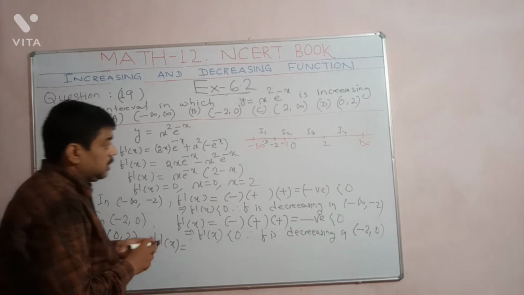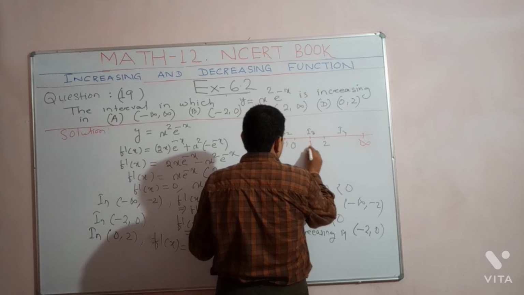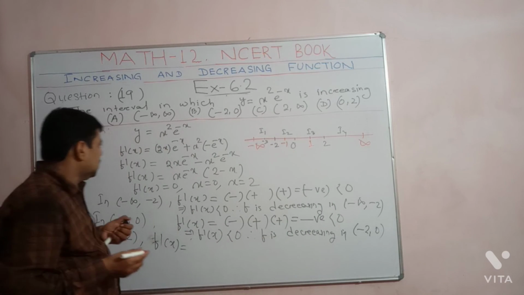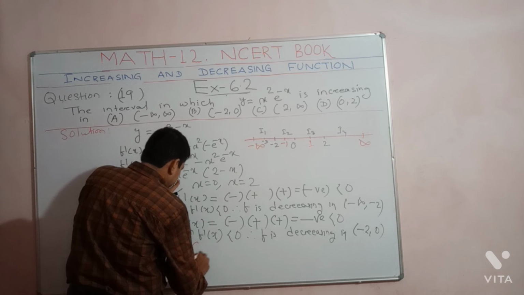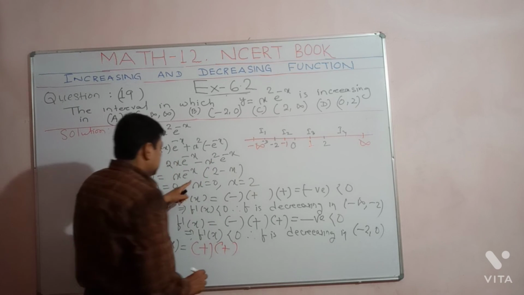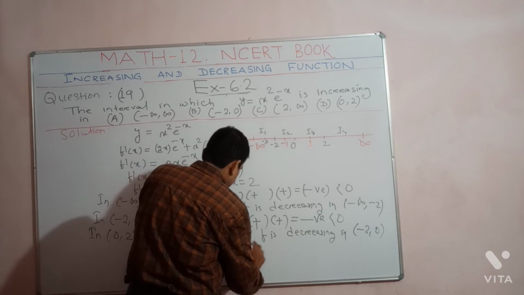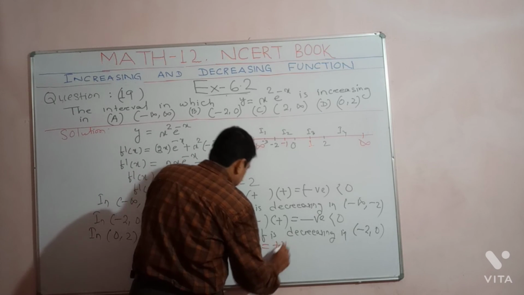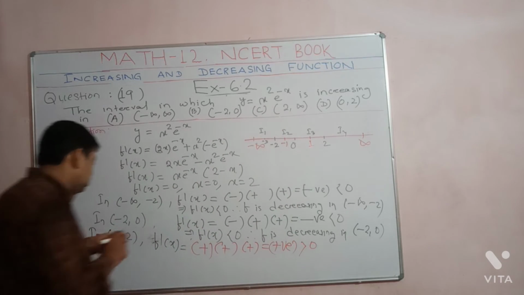We can take the x value as, suppose, 1. Then clearly x is positive, e to the power x is also positive, and 2 minus x is also positive, so the value will be positive.